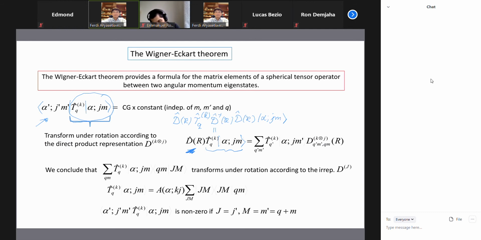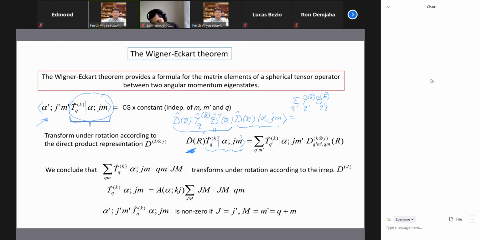Then we see that this part transforms according to this thing here. So I have sum over q prime, k q prime, k here, q prime q. I drop the r just to make it simple.